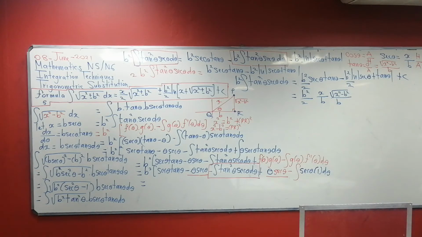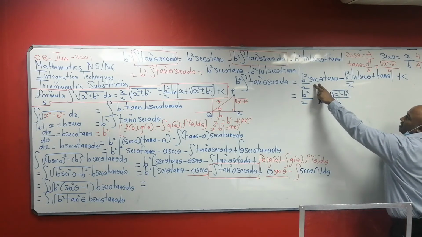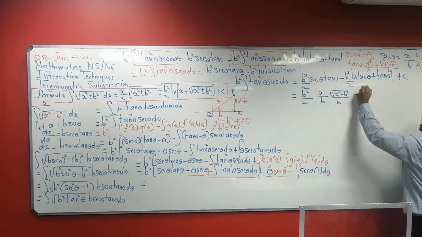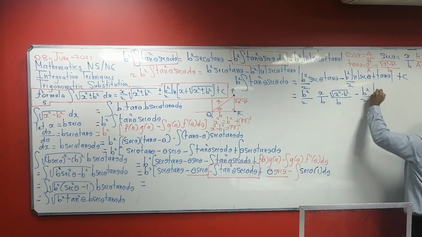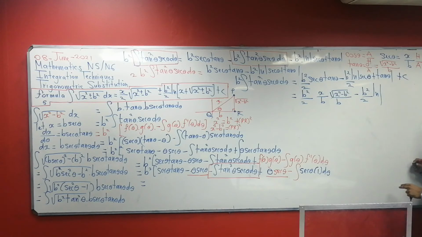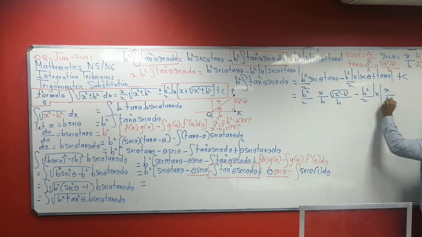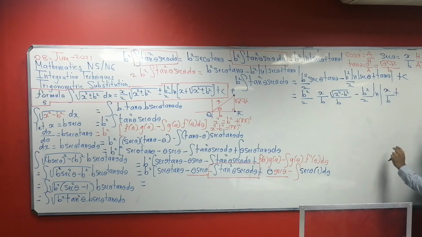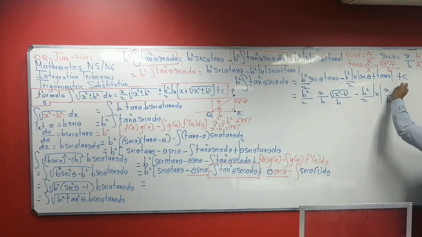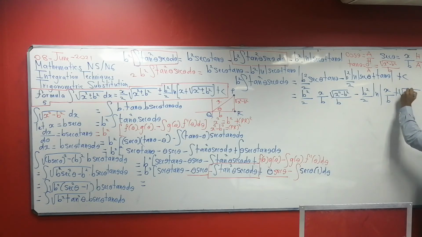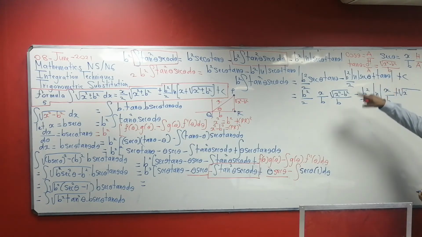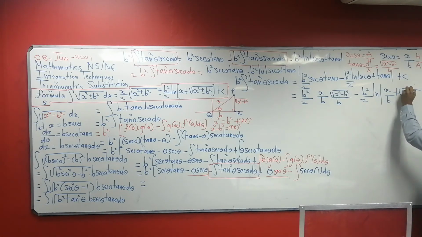Now I have sec theta and tan theta in the formula. So what is sec theta? It's x over b. Plus, what is tan theta? That's the square root of x squared minus b squared all over b.